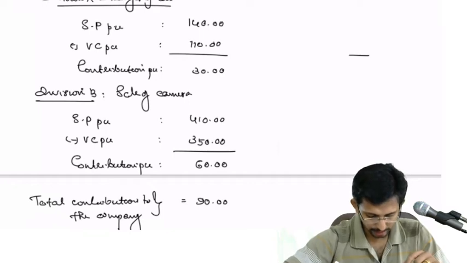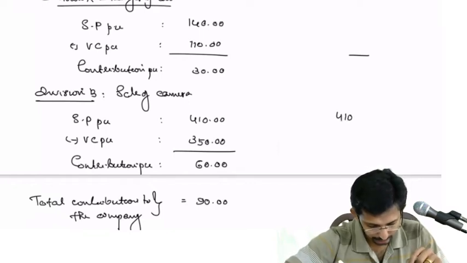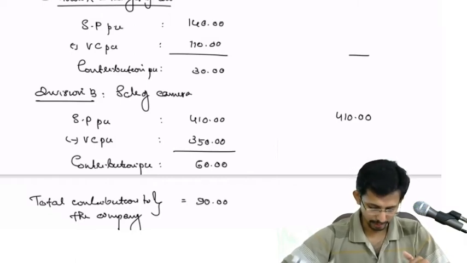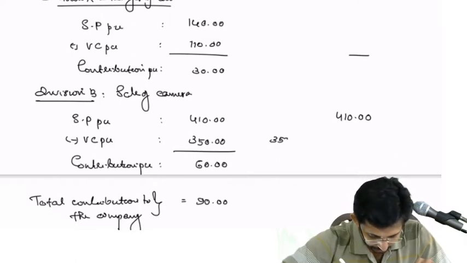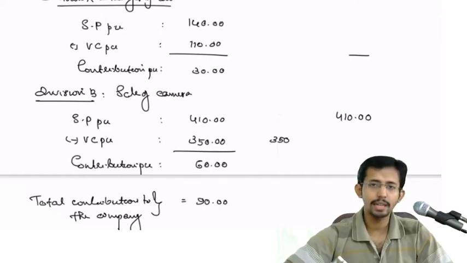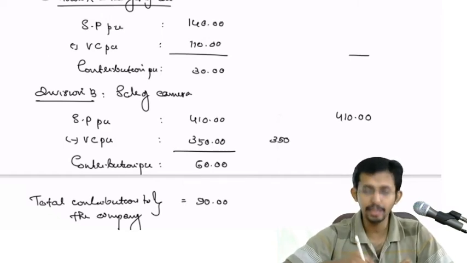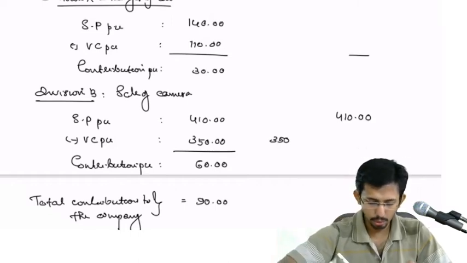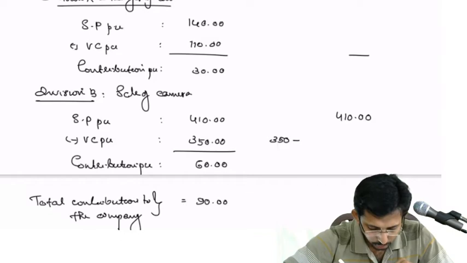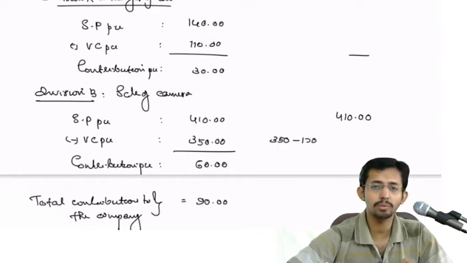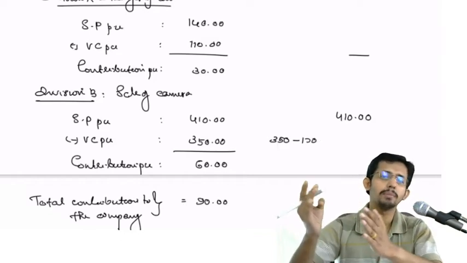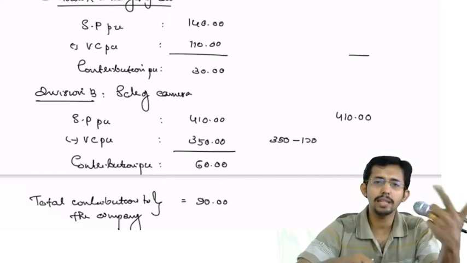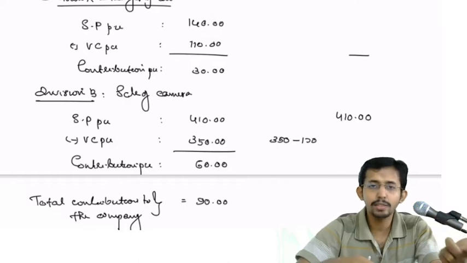So here again, selling price per unit will be 410 itself. And what about variable cost? Variable cost will be 350, the variable cost that is currently incurred by division B when it is purchasing the lens from the external market. Am I right? So 350, and this 350 includes 170, which is the purchase cost of the lens. That has to be excluded, because when there is internal transfer, they are not going to purchase the lens from the external vendors. So 170 is minus.